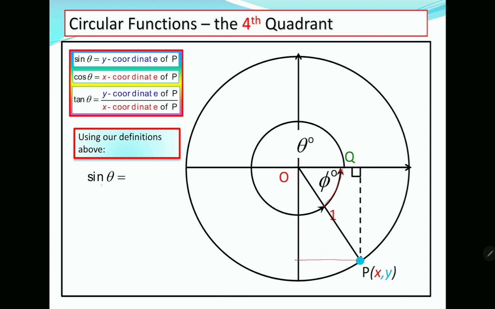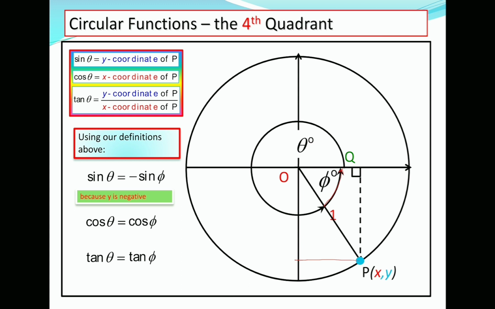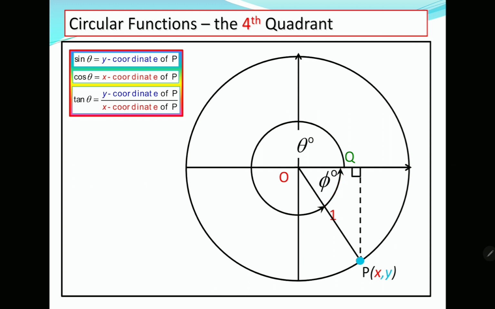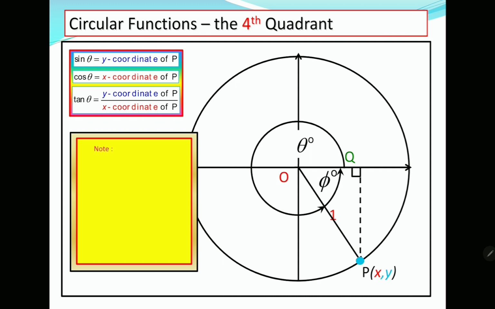So I will write sin theta equals minus of sin phi. As cos theta is positive, I will write cos theta equals cos phi. Tan theta is not tan phi, it is minus tan phi, as y is negative. So in the fourth quadrant, cos is positive, sin is negative, and tan is negative.